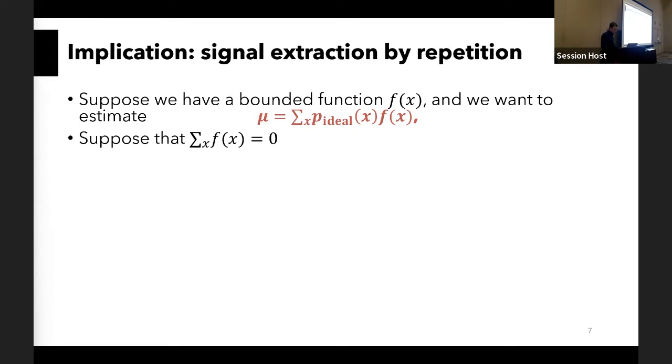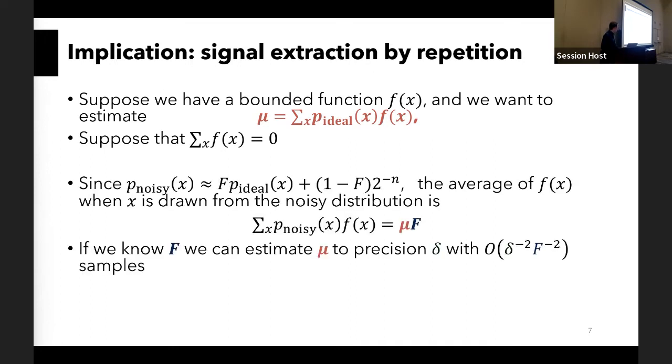And if we want to compute this mean mu, but we only have access to a noisy device, then we can leverage the fact that, let's say we know that the white noise approximation is exactly true. Then we would still be able to estimate mu by repeating the experiment many times and just dividing the average we get by f. To get an estimate to precision delta, we would need order 1 over delta squared times 1 over f squared samples.